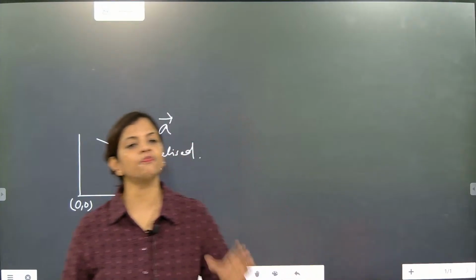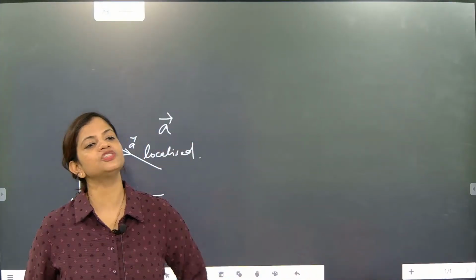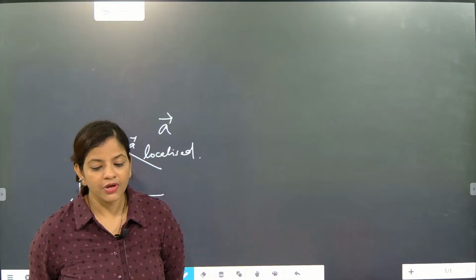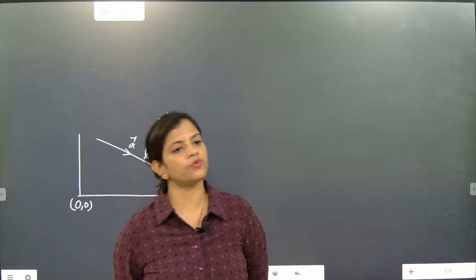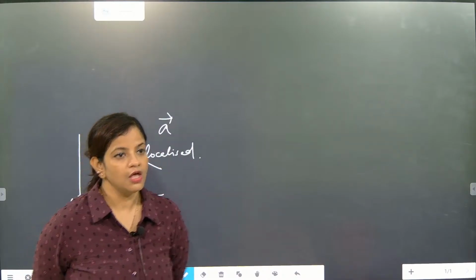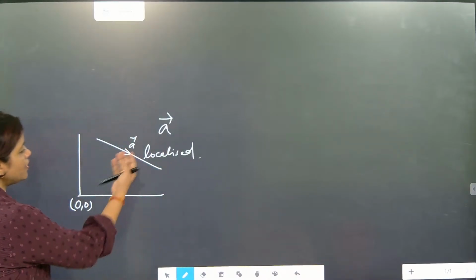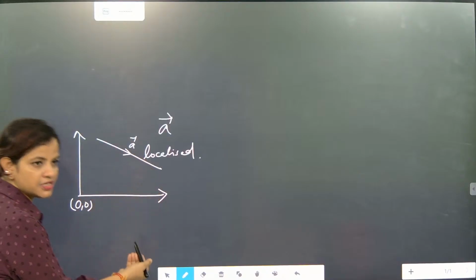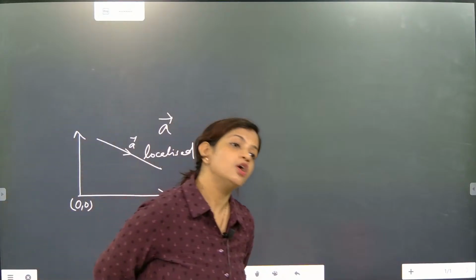So when your parent has given you permission to go till Chennai, what is that? Localized. Why? Because you know the area till where you can go. So any vector which has an axis to indicate its presence will be considered as what? Localized.